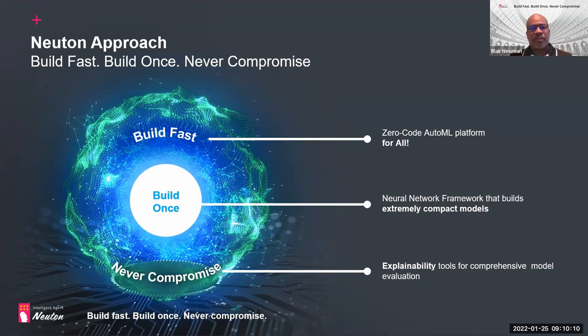We build all of our models neuron by neuron. We don't start out with an existing structure that ends up with a lot of waste, where you have to go through compression, pruning, distillation, et cetera. We've eliminated all of that.